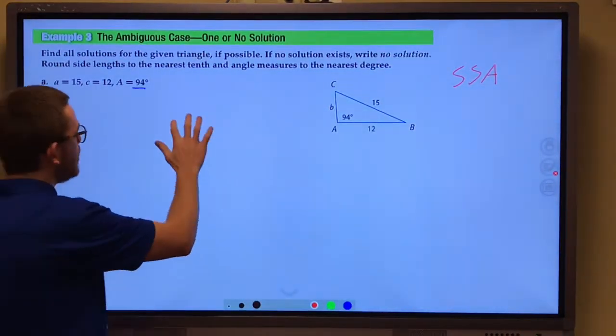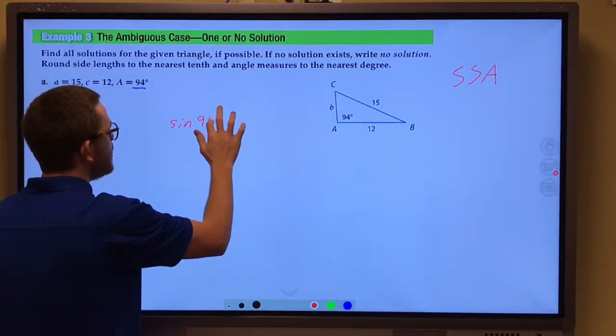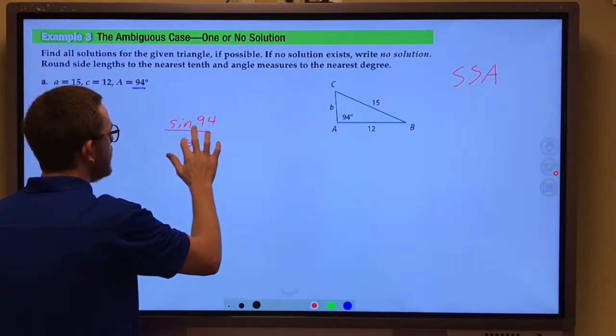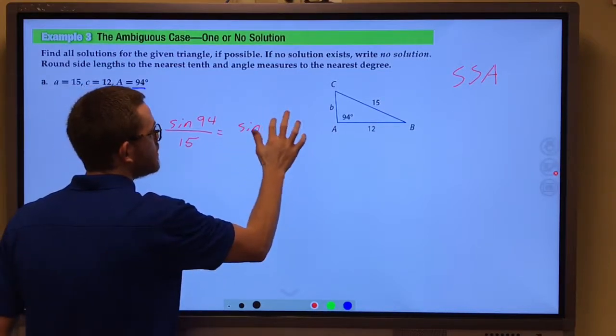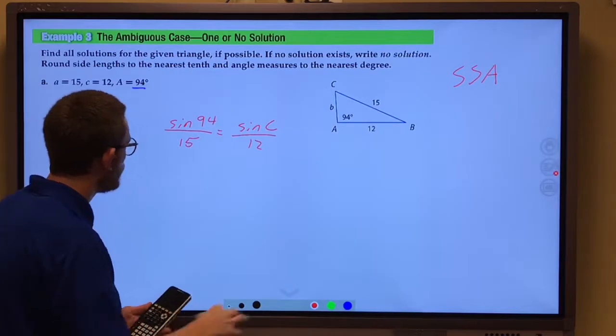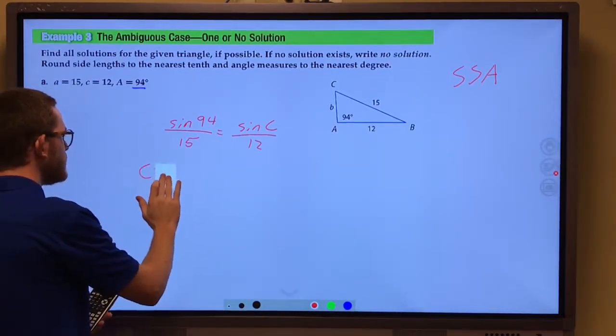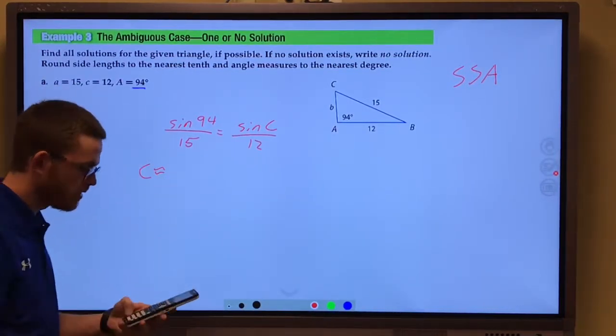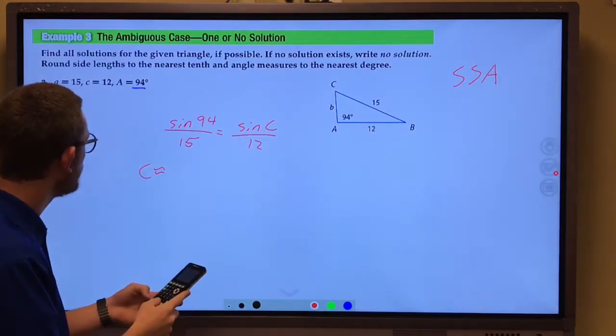And so let's look at this. If we set up the law of sines in this situation, it would be sine of 94 over 15 equals sine of C over 12. We cross multiply, we solve for C. I think we know how to cross multiply at this point.